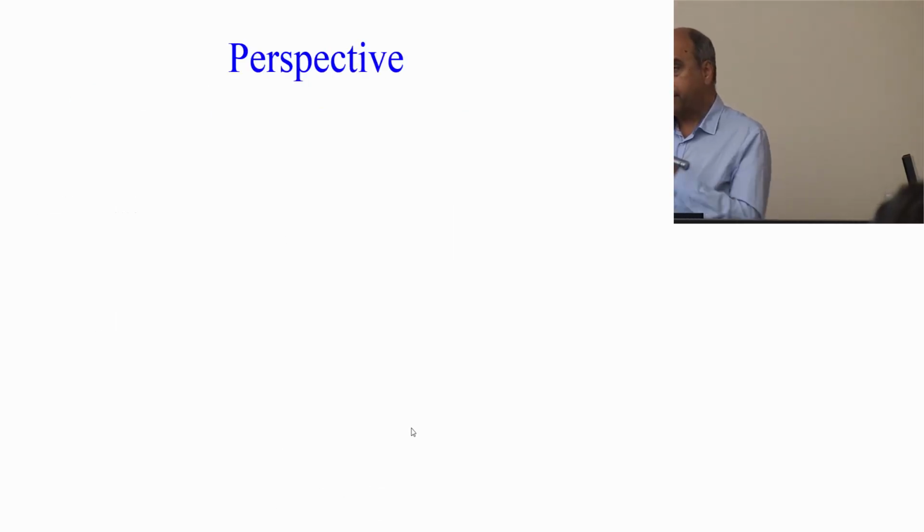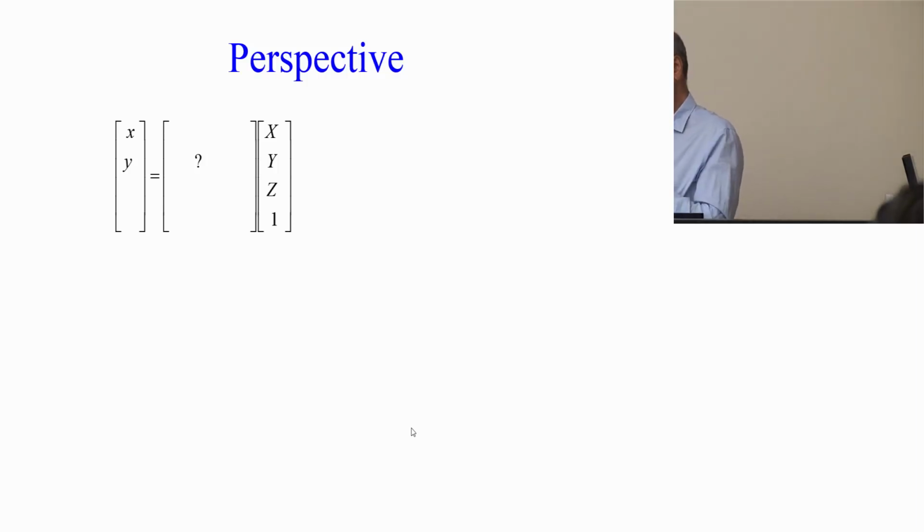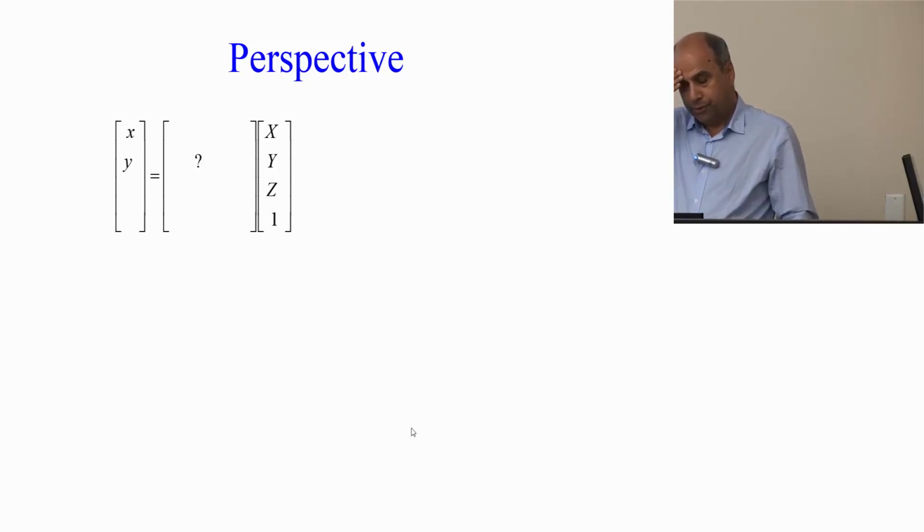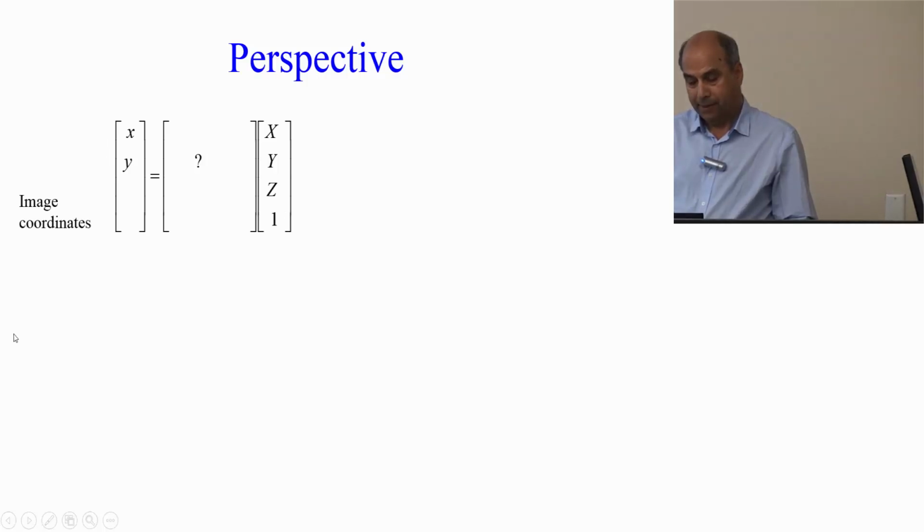Now it'll be interesting to come up with the matrix for perspective transformations. Like we have matrices for translation, rotation, scaling. Now we want to do perspective transformation also, and that was the reason that we introduced homogeneous coordinates. So we want to come up with some elements here so that we take the world point and map it to the image points, okay? And that will be in homogeneous coordinates, the world coordinates.